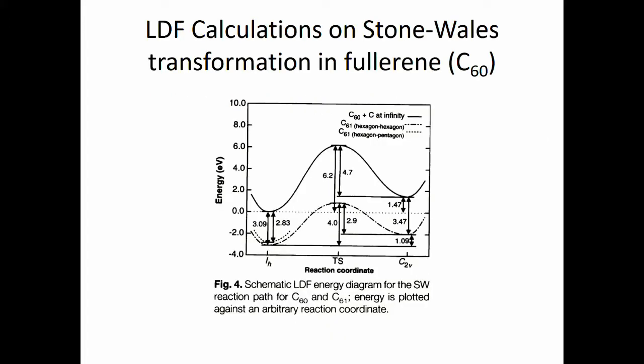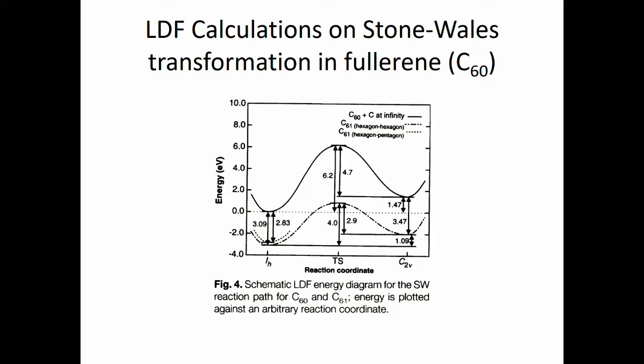And so this is summarizing the energetics of this result. This is the activation barrier for a Stone-Wales transformation with the carbon atom basically removed to infinity. So we have the C2V isomer, which has adjacent pentagons, and you have 4.7 electron volts, and then you come down to a slightly lower energy structure, which is the Buckminster fullerene, all pentagons isolated, of 6.2 electron volts.